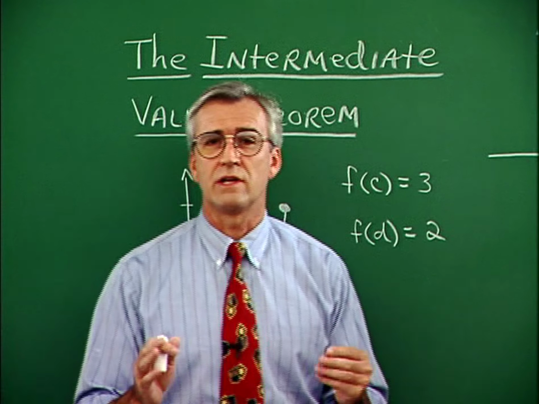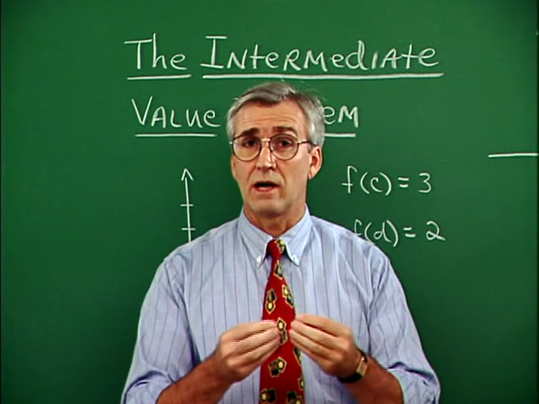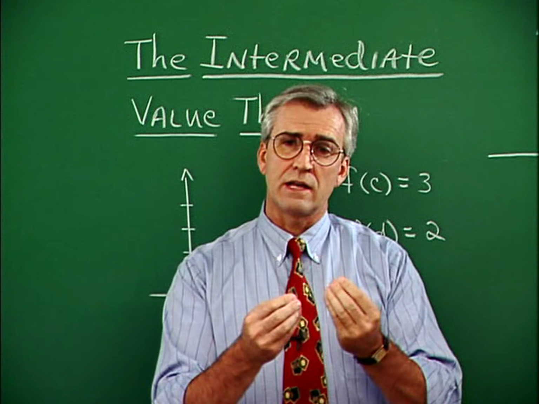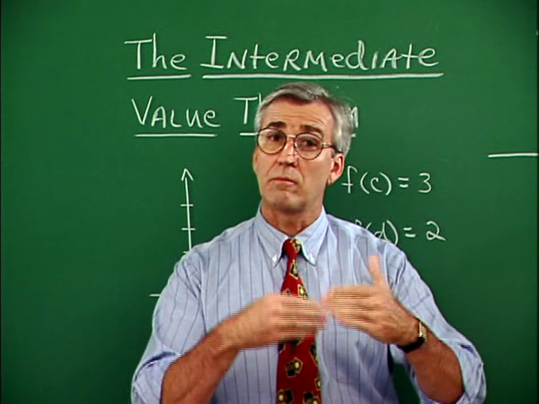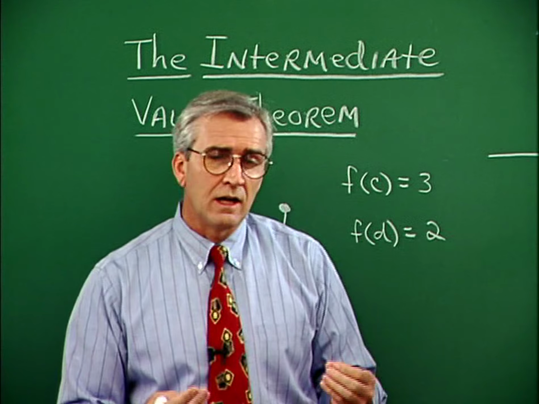So I want to show it to you. It applies to a lot of different situations, but when we're talking about continuity, and especially if we're examining polynomial functions and looking for zeros, it plays a pretty big role.